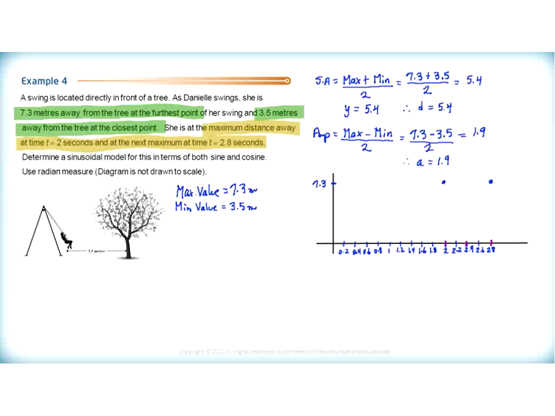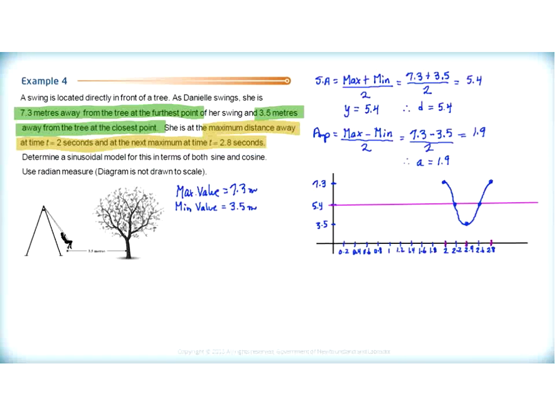The minimum distance in this case was equal to 3.5. We'll just estimate where that's at. And you know that the sinusoidal axis will pass halfway through there at 5.4. So let me draw in the sinusoidal axis. I think that's a necessary starting point when trying to determine the equations of these functions. So then at 2.2, you will be at 5.4, and at 2.6, you'll be at 5.4. So this represents one cycle of this transformed function.